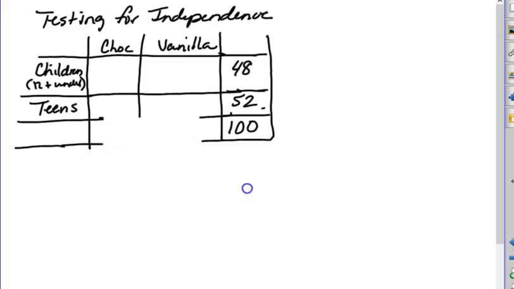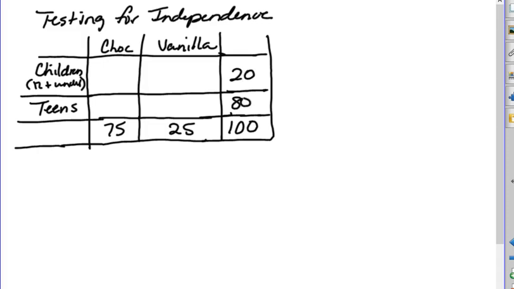Let's say that 75% like chocolate and 25% like vanilla, so 75 of the 100 students like chocolate and 25 like vanilla. Actually, let's make this a little more extreme. Let's say we have 20 children and 80 teenagers in our sample.